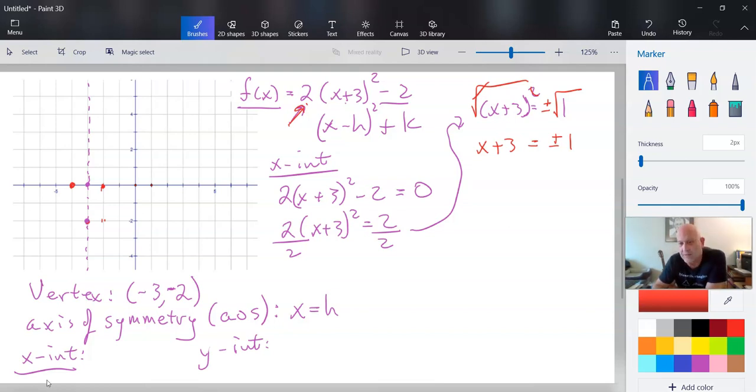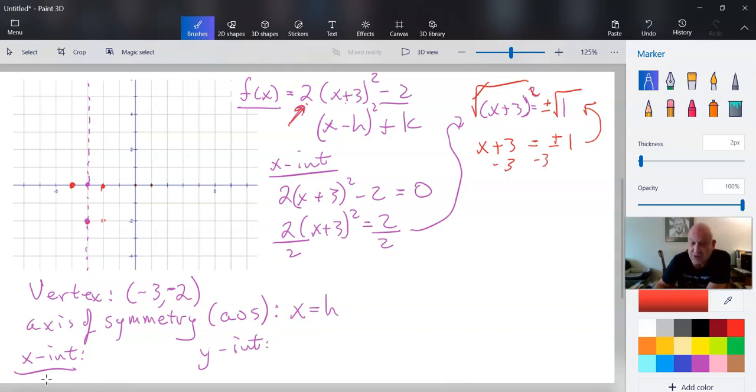To move backwards from the bottom step upwards to that step, I would square both sides. And squaring both sides, well, if I square a positive, I get the same answer as if I square a negative, right? So I have to accommodate that there are actually two answers there. And then I subtract 3 from both sides.